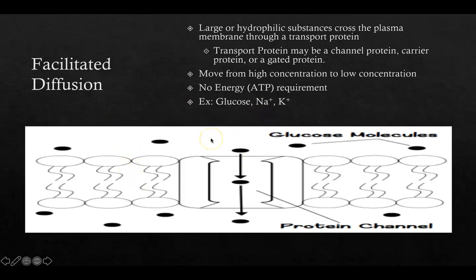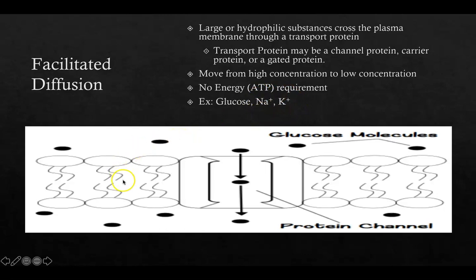Glucose is kind of large, so it won't be able to fit between the spaces of the phospholipids. And then you have things like sodium ions or potassium ions, where even though they are small because it's only one atom, they carry a charge. Even if they could fit between the spaces of the heads, because this area is hydrophobic and these ions are hydrophilic, remember, like dissolves like.